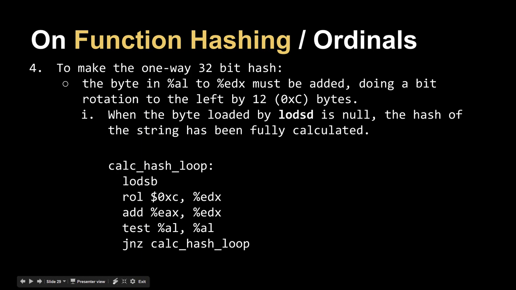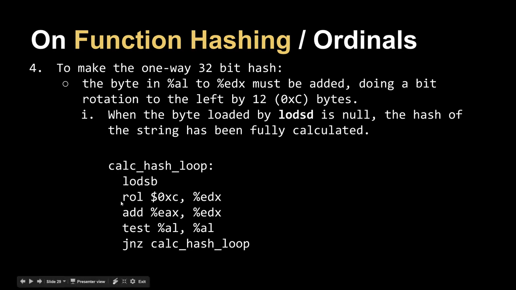Then, to make the one-way 32-bit hash, we use LODS, which in x86 will load a byte, word, or double word from SI and store it into AL, AX, or EAX. Here we are doing LODSB, which will only load a byte, and it's going to store it in AL. And the source for it is pointed to by ESI.